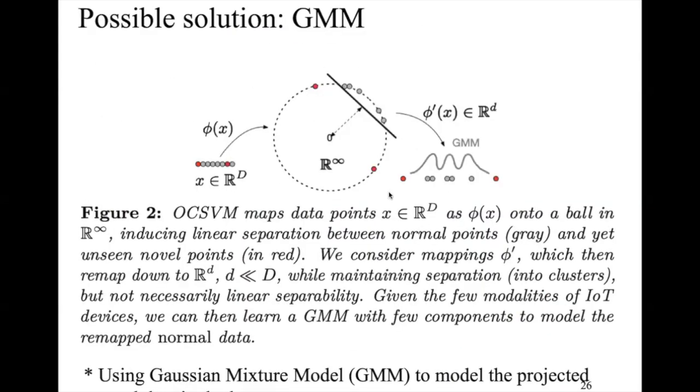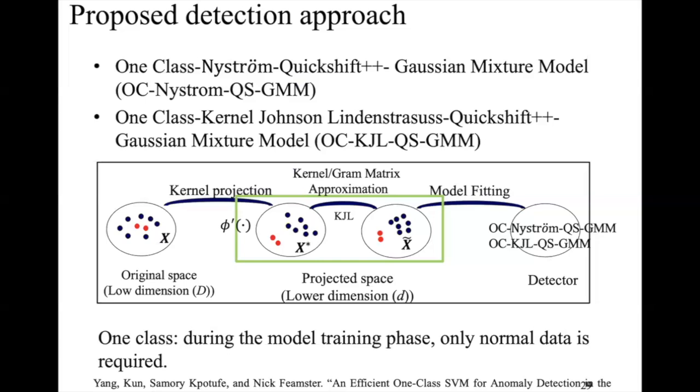Here we mentioned that if we directly use it, the original space is very high. Oh, you mean without Quick Shift++? Yeah, so you have a large space, you do the projection, you have a smaller space. Yes. And then can you put a Gaussian mixture?